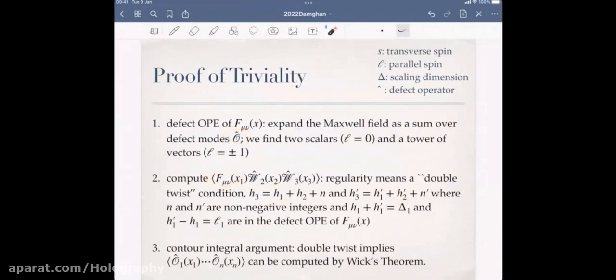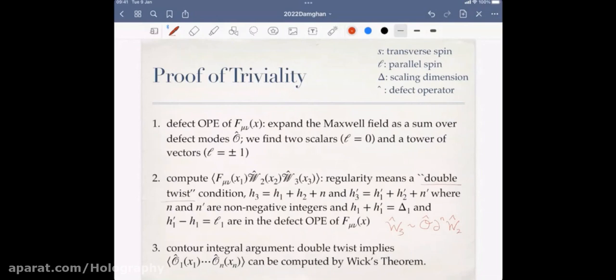So in other words, you're restricted to looking at 3-point functions where W3 hat looks something like an operator in the defect OPE of F, with some number of derivatives acting on W2 hat. That's the only thing that can show up. This is what I call a double twist condition.